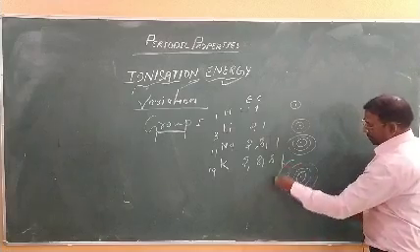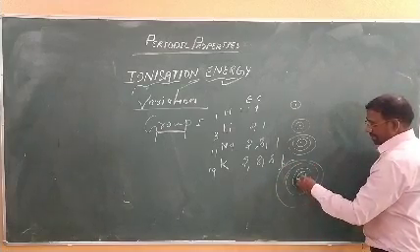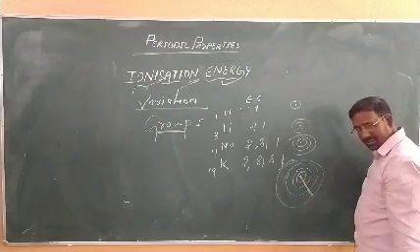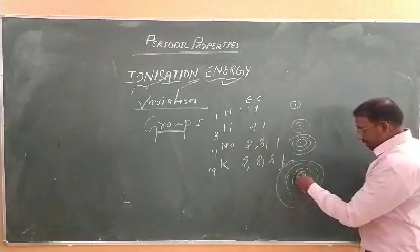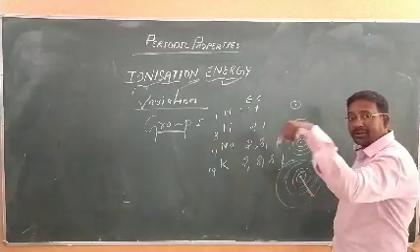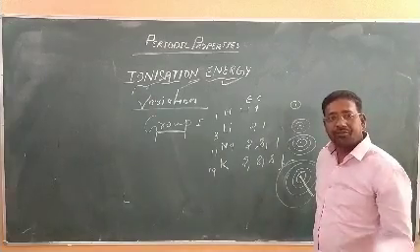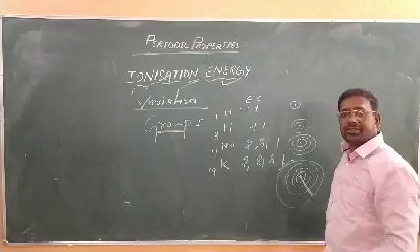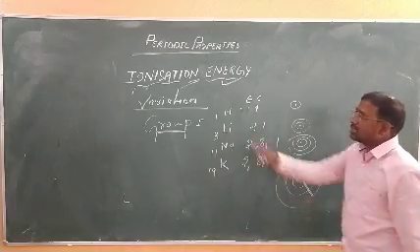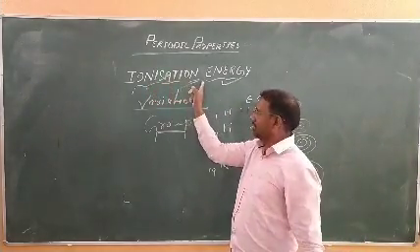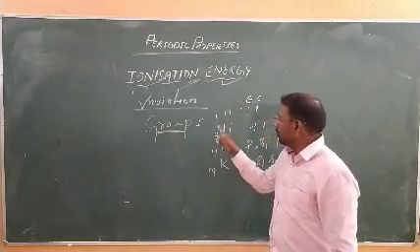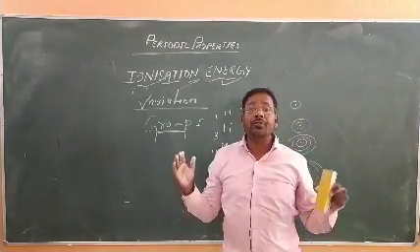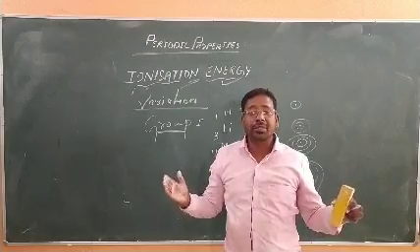Once the number of shells increases, the distance between the nucleus and valence electron increases, and the force of attraction decreases. So we need less energy to remove the electron, and the value of ionization energy decreases when we move in a group from top to bottom, because of the increase in atomic size.